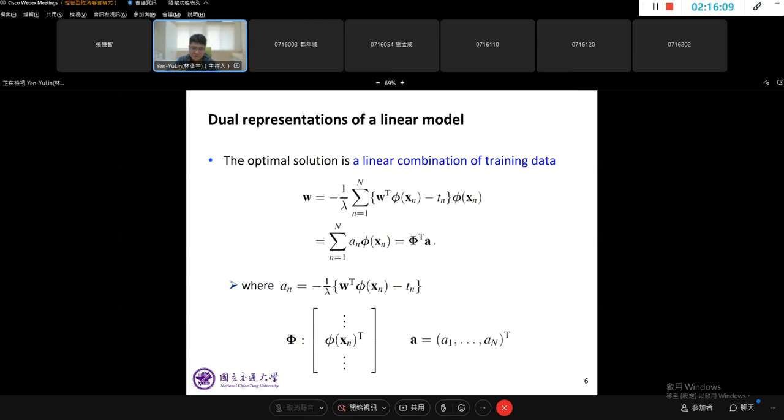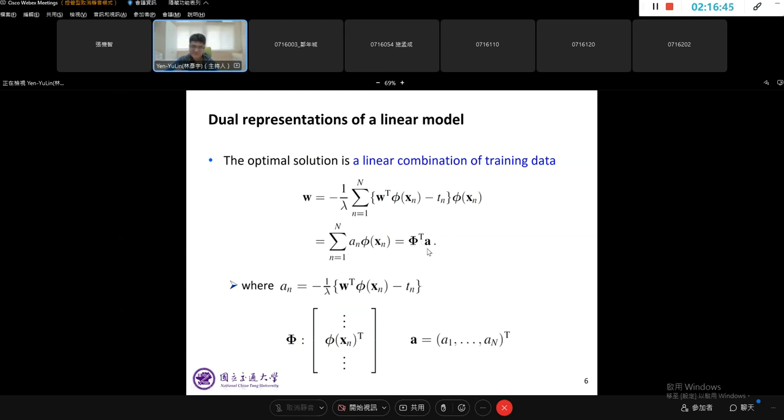If we want a compact matrix representation, we use a capital Phi to denote the data matrix. Capital Phi by definition is a row-wise concatenation of all the training data. Bold A is a vector, a concatenation of the combination coefficients. So W is capital Phi transpose A.